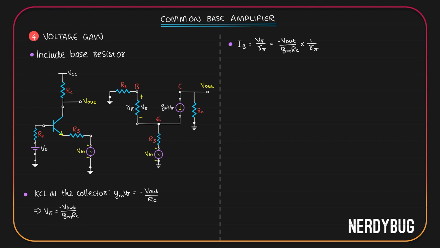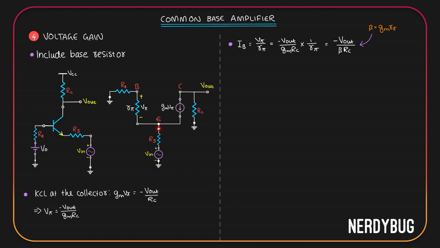So we can write base current is minus V out by GmRc divided by R pi. But what is Gm multiplied by R pi? It is beta. So we can write base current is minus V out divided by beta Rc because Gm R pi is beta.